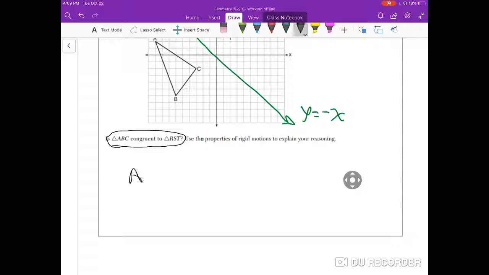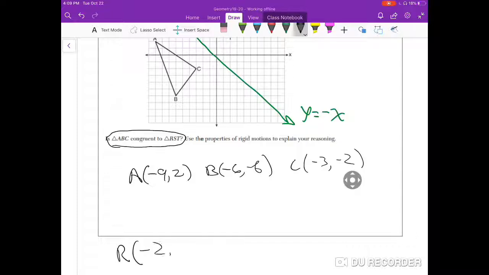All right, so A is (-9, 2), B is (-6, 6), and C is (-3, 2). Then we have R, which is (-2, 9), S, which is (5, 6), and T, I'm sorry, which is (2, 3). So if we remember, how do we get from A to R?